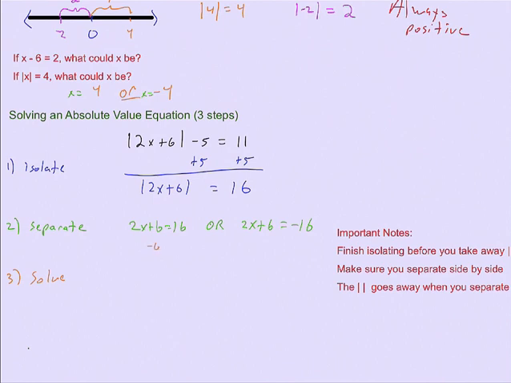Subtract 6 from both sides, and then divide by 2 on both sides. And then we'll do the same thing on the other side. Subtract 6 from both sides. Notice how when I subtract 6 from negative 16, it's not the same thing as subtracting 6 from positive 16. And divide both sides by 2. X equals negative 11. And those are my 2 solutions.